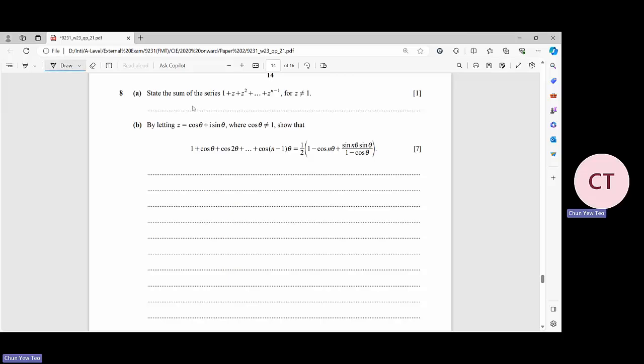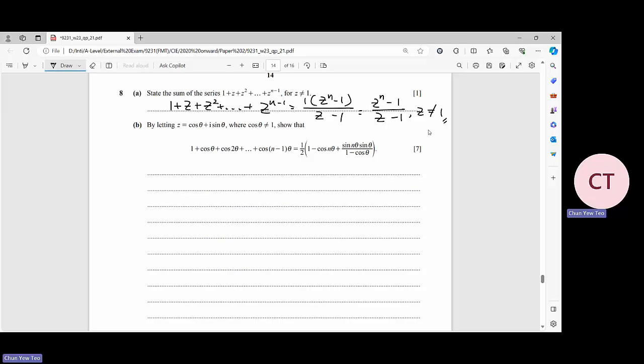So you will get this 1 plus z plus z squared plus until here, it will be equal to z to the power of n minus 1 over z minus 1. Okay, so you can write this one without the 1. You can actually write like this, z to the power n minus 1 over z minus 1. Done. And z cannot be 1. Okay, so this will be the answer for part A.